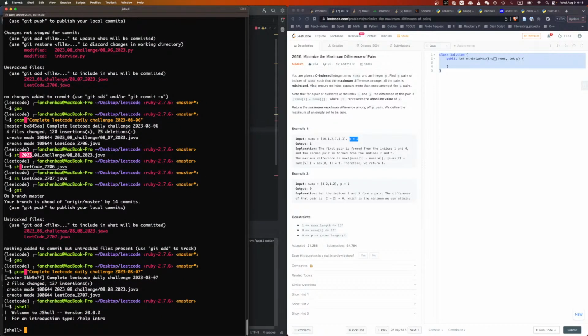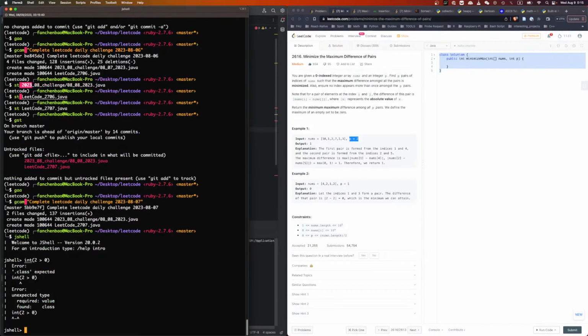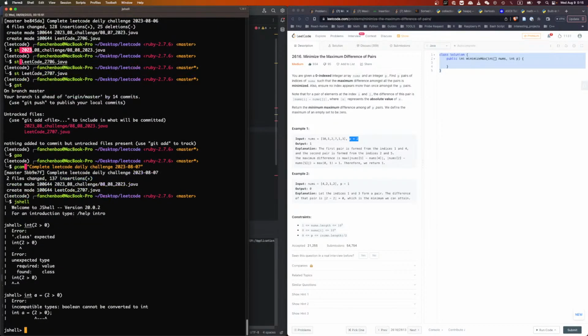What I want to see is, can I say int a equals 2 larger than 0? Wait, hold on, I cannot do that. This won't work. Boolean cannot be converted to int. Dude, Boolean cannot be converted to int.